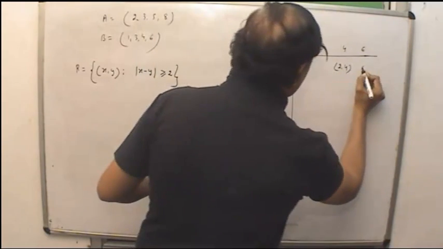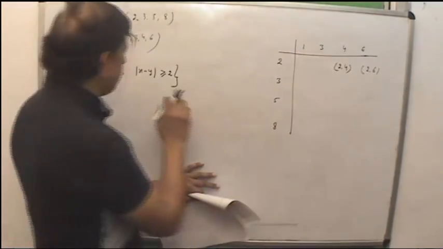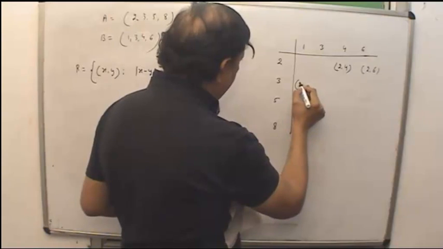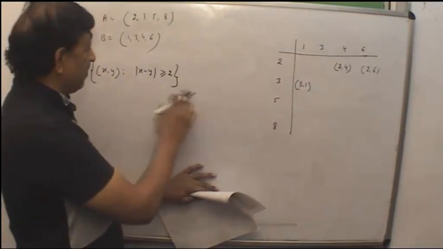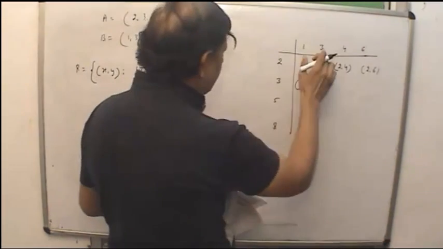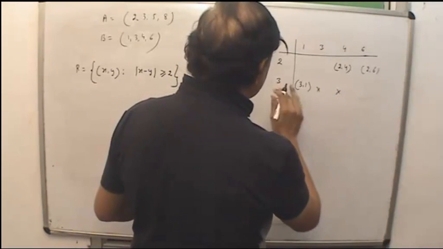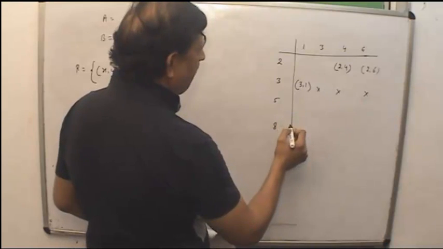Then (2, 6): 2 minus 6 is equal to 4 and 4 is greater than or equal to 2. (3, 1) can be considered because 3 minus 1 is equal to 2. 3 minus 3 cannot be considered. 3 minus 4 cannot be considered.